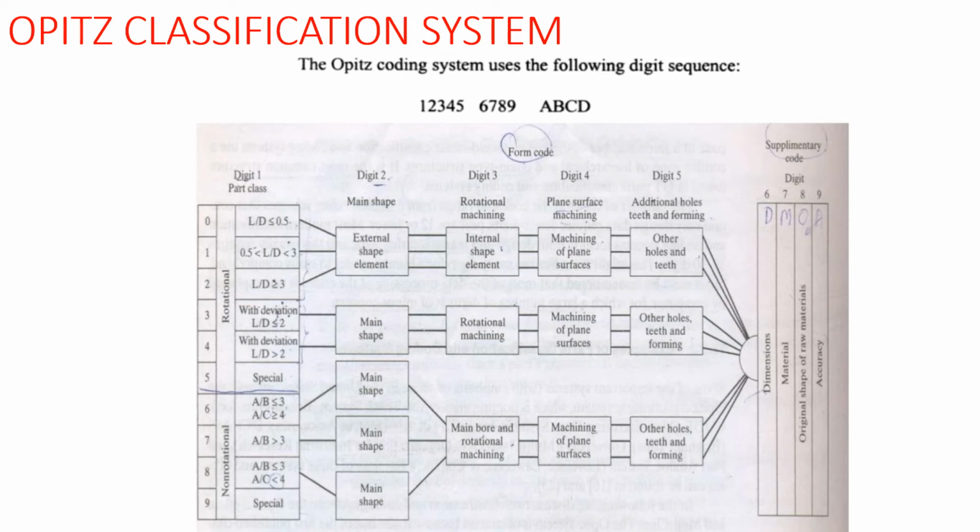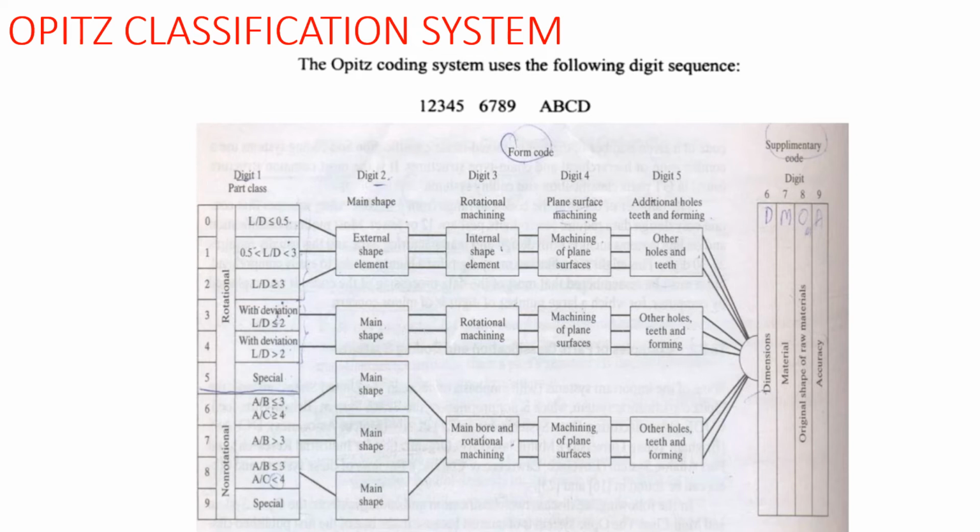In case the L by D ratio is from 0.5 to less than 2, it comes under rotational, and when the L by D ratio is from 3 to 4, these are called non-rotational.